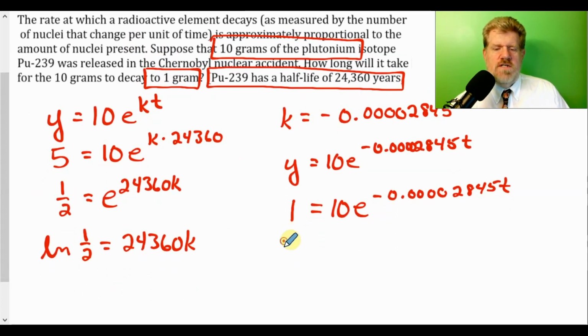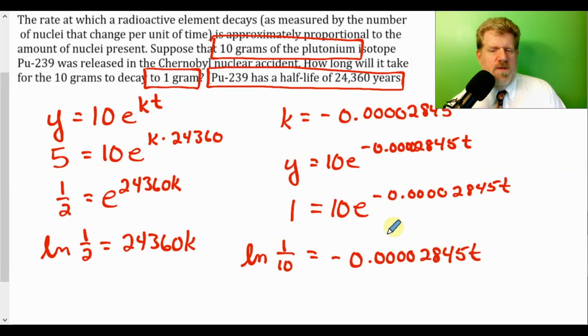Divide both sides by 10. And I take the natural log of both sides, which leaves me with this. Sorry, I skipped a couple steps there, but I divided by 10. And then I did the natural log, that was the inverse of e. So natural log of 1/10 equals this.